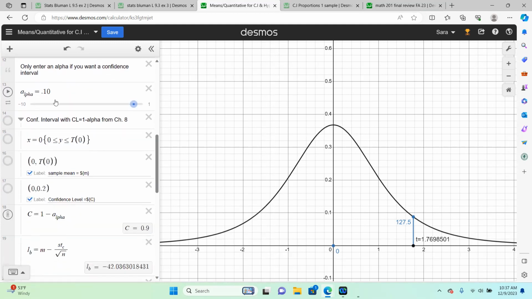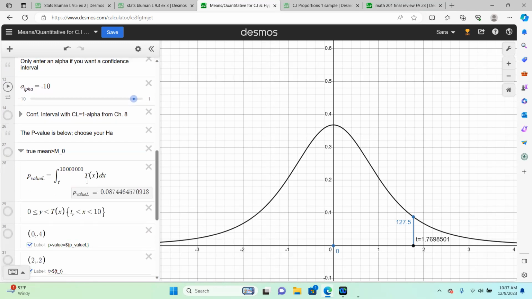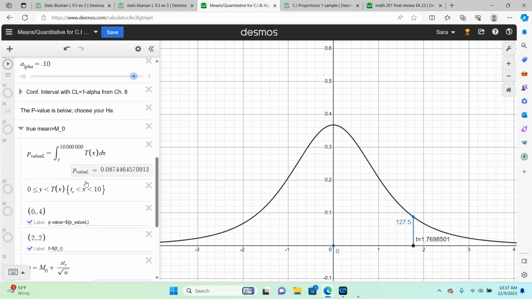We don't need to worry about the alpha because it's not a confidence interval. It is a test of greater than. And so there is our p-value, which is 0.087. And the alpha is 0.05.